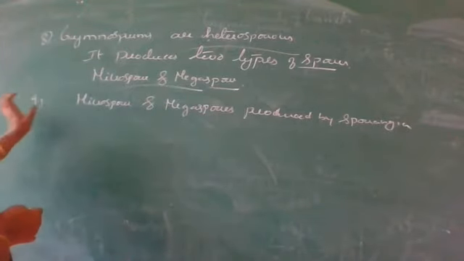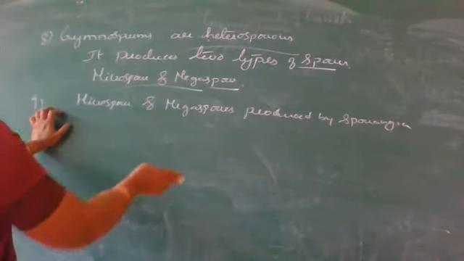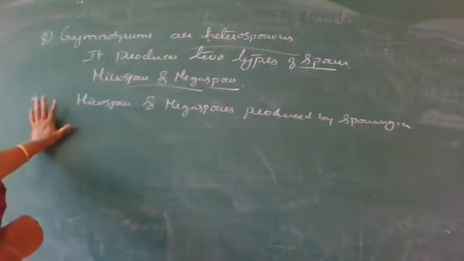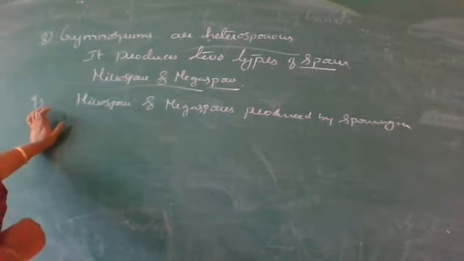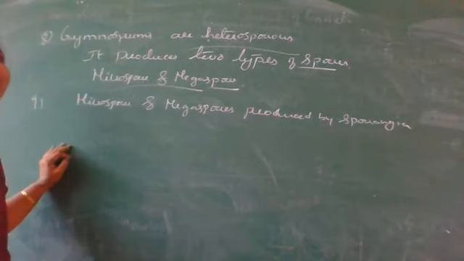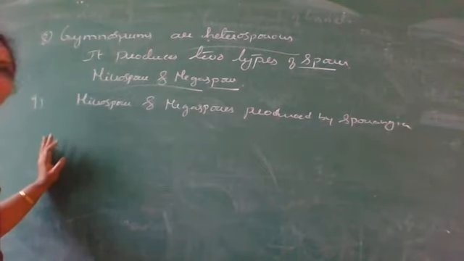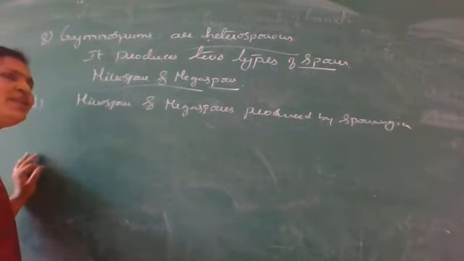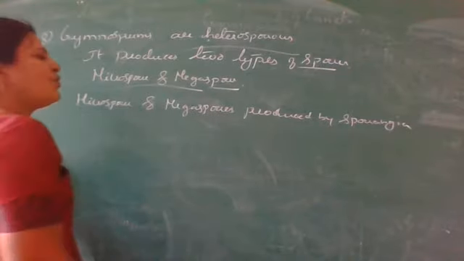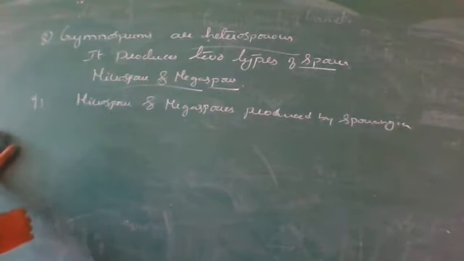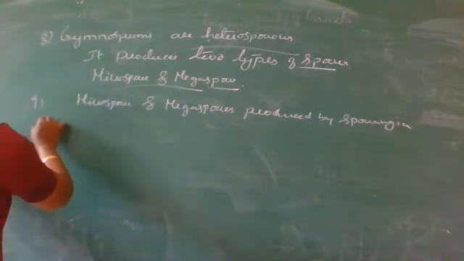And generally we can say sporangia. What are sporangia? Sporangia are the spore producing structures. Now these sporangia are always borne on a leaf-like structure called sporophyll. What is sporophyll? Phylla is leaf. Sporangia are borne on the leaf-like structures called sporophylls.